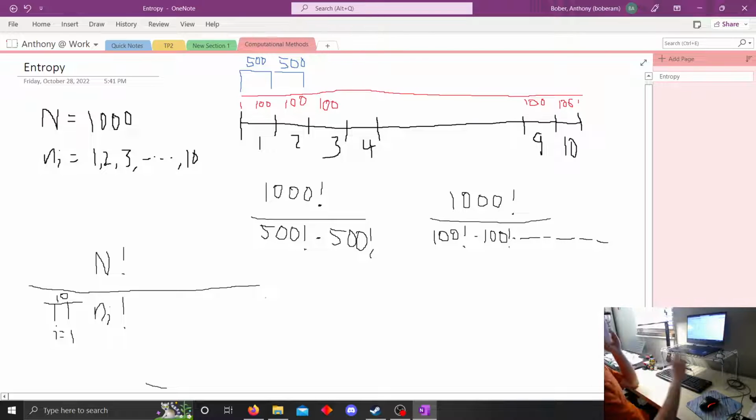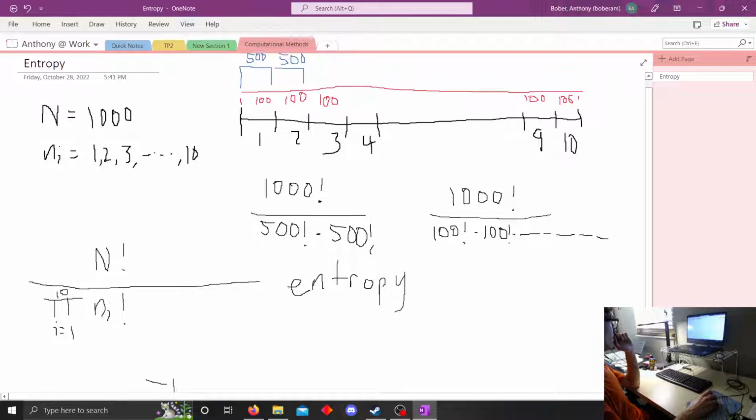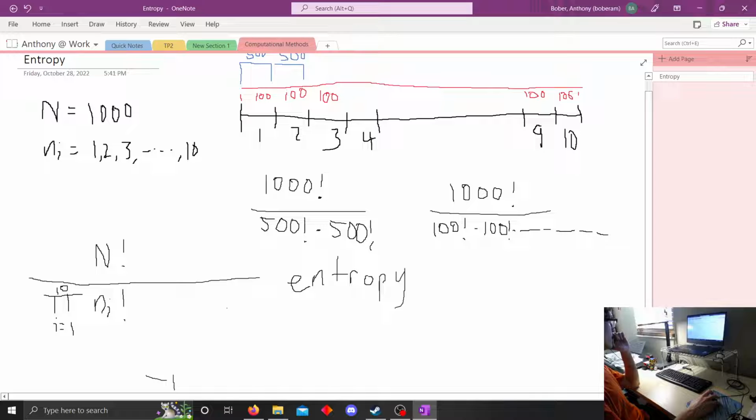So this is the expression for entropy. We'll call this entropy.